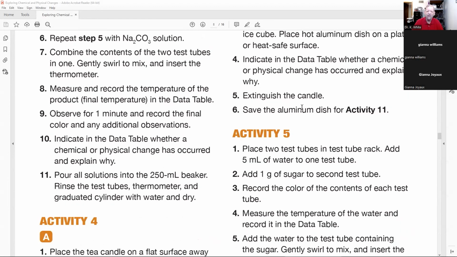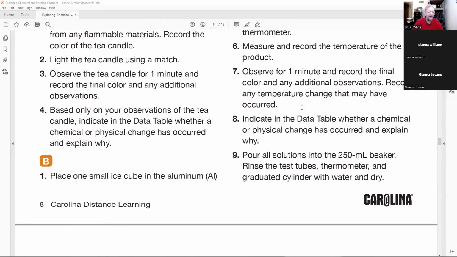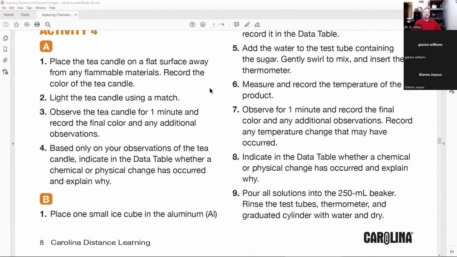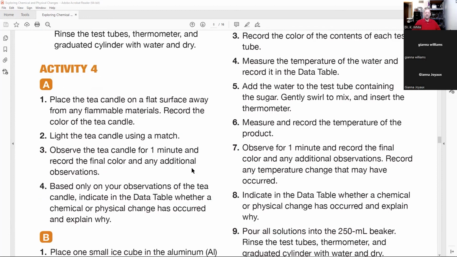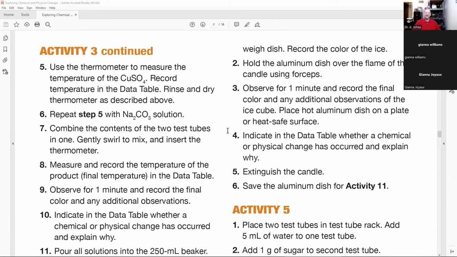Now, let's look at activity number 4. Take the tea candle, make sure you're not near anything flammable, and light it. And watch what happens. Was there any heat given off? Light given off? Anything change with the wax? Now, 4B, they say place a small ice cube on an aluminum tray and hold it underneath the flame.